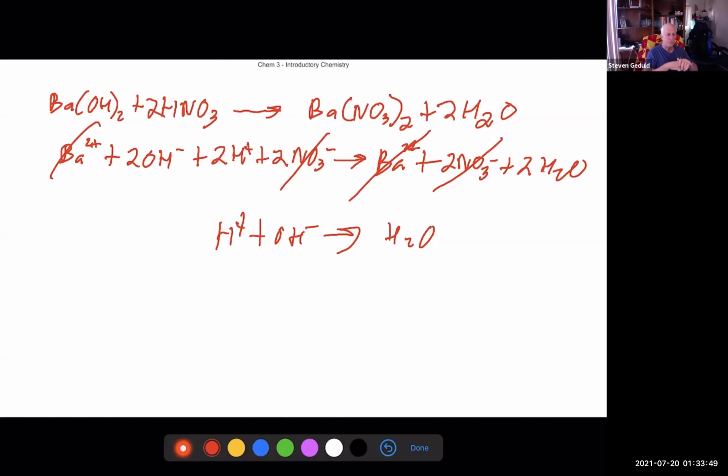Okay, so those are basically double displacement reactions. 2 things are being switched. Single displacement reactions are when a metal reacts with an acid. So say we got iron metal, which is a solid, plus we put it in hydrobromic acid.